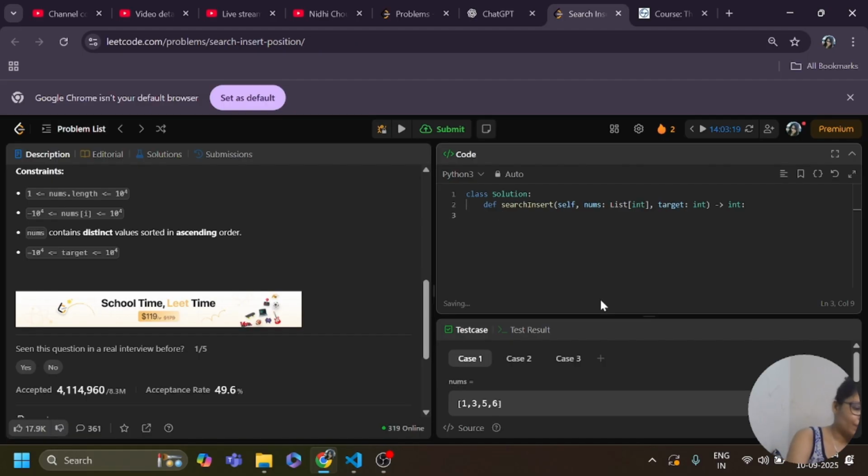So left equals 0 and right equals length of nums minus 1.